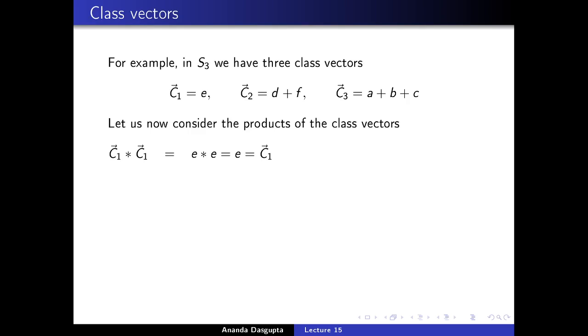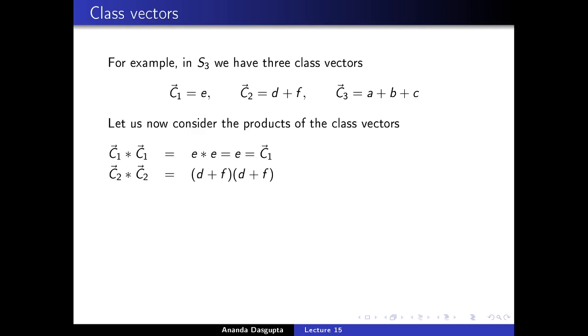A slightly non-trivial example will be when I multiply C2 vector by itself. Now that is of course D plus F multiplied by D plus F. And here you have to remember that this multiplication is the multiplication in the group algebra. This is not the same thing as multiplication of two sets, which we had seen before. In other words, when I multiply this, the standard rules of algebra apply.